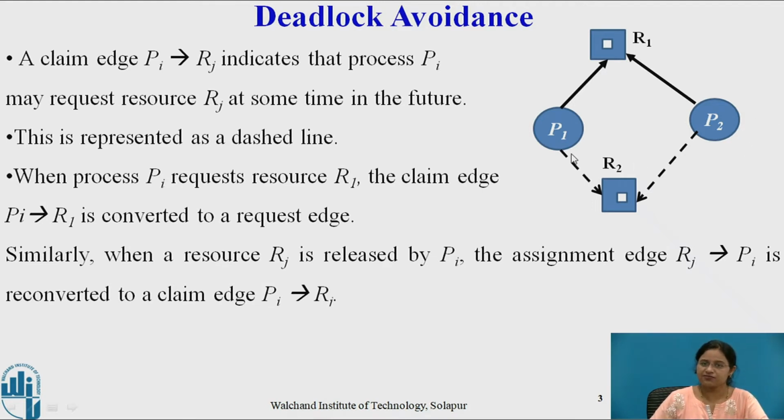It means it is first converted into a request edge, and whenever it is assigned, it uses this resource, and when it releases that resource, the claim edge is again as it is in this diagram. So, the role of the claim edge is that it shows the future need of the process.